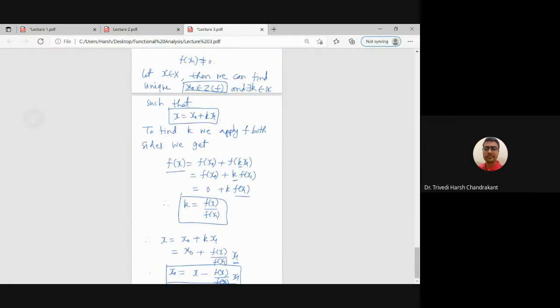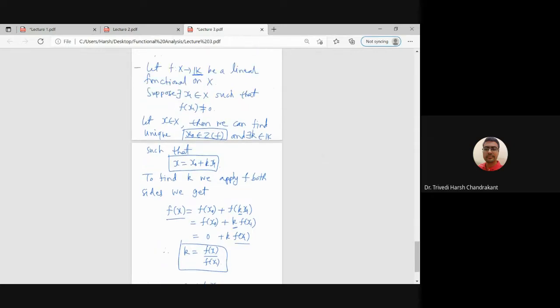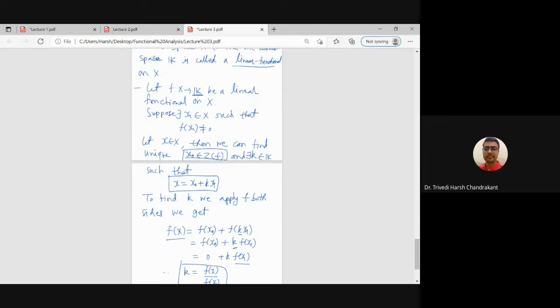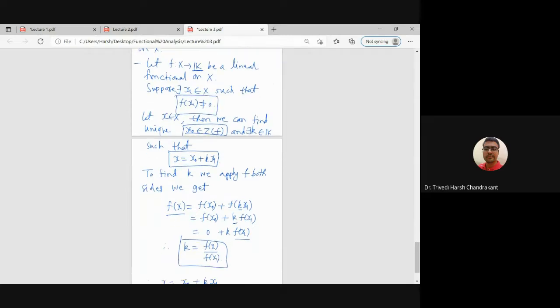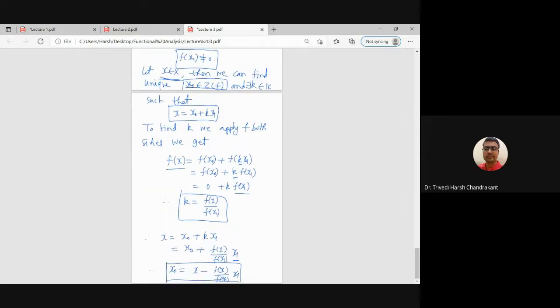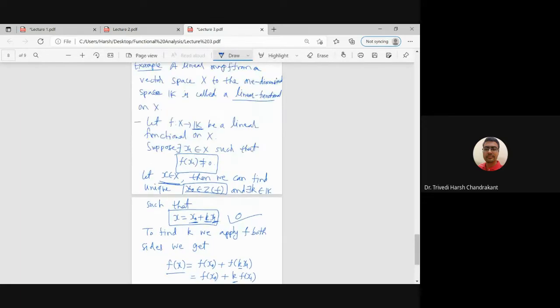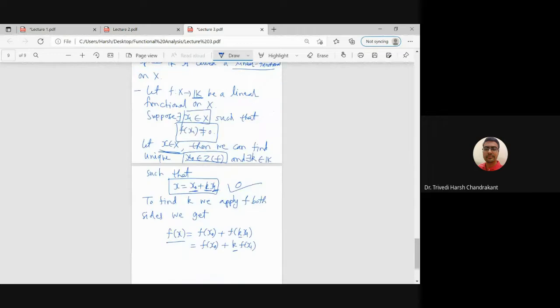So if we have a linear functional F that is non-zero at some fixed point x1, then every element of the domain can be written in this form, where k is fixed, x0 is fixed, and x1 is fixed.